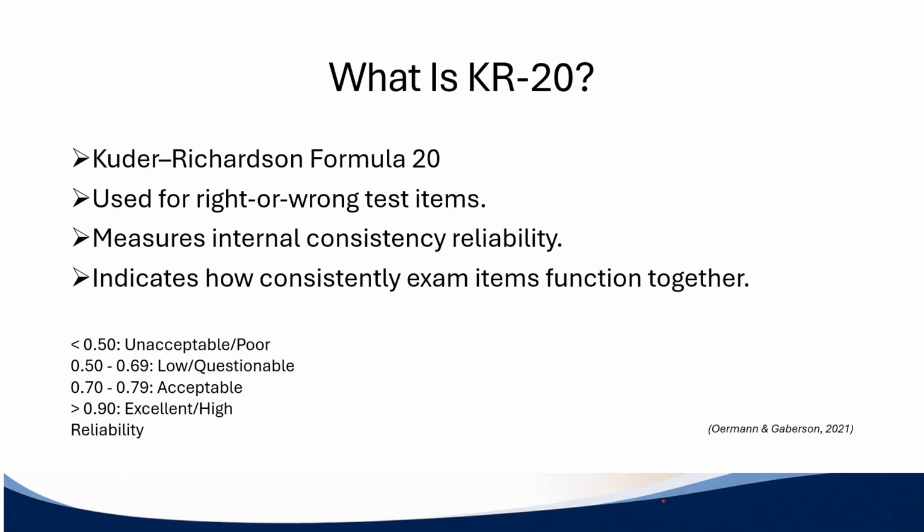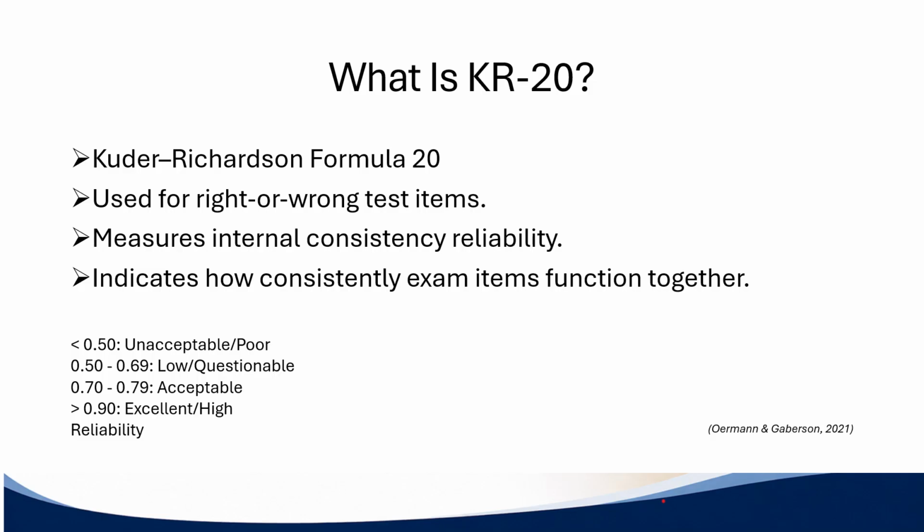KR20, or Kuder-Richardson formula, is a reliability statistic used for exams with right-wrong test items, such as multiple choice exams, which are scored as either correct or incorrect. It measures the consistency, which estimates how well the items work together as a set.